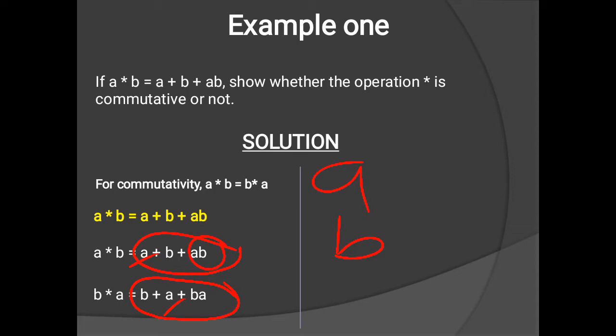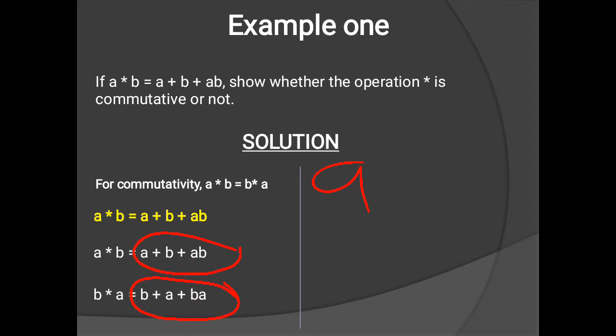See, AB is the same as BA. 2y is the same as y times 2. Let's not forget multiplication is commutative. So 2 times y is 2y, y times 2 is also 2y. So BA is B times A, and AB is A times B, so they are the same.